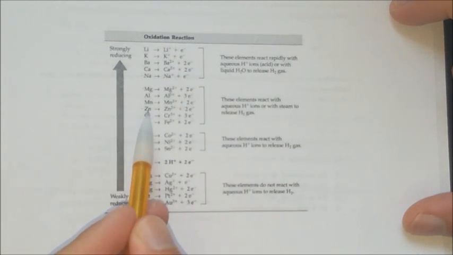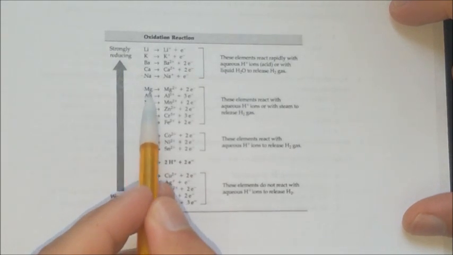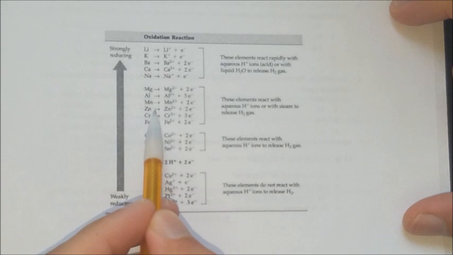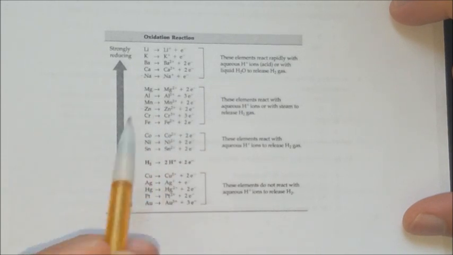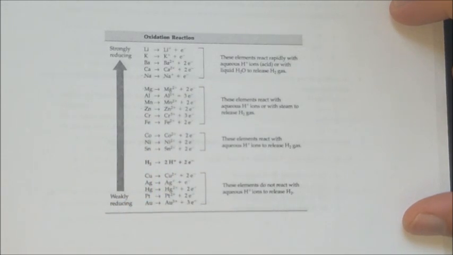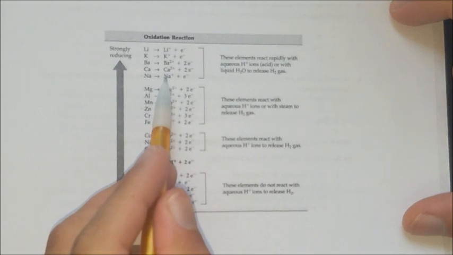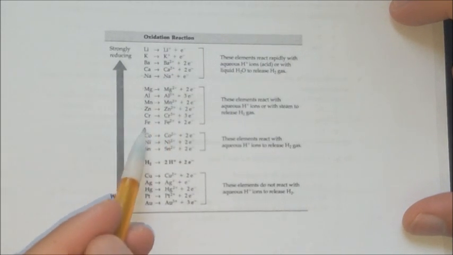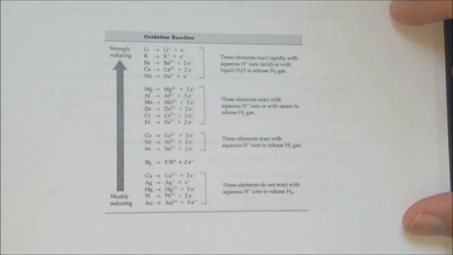Zinc can't do it because it's not a strong enough reducing agent. So what's going to happen is zinc is going to try to give up its electron, but there's not going to be anyone there to accept it, and the sodium is just going to stay sodium plus, and the zinc is just going to stay zinc metal because nothing is taking up its electron.